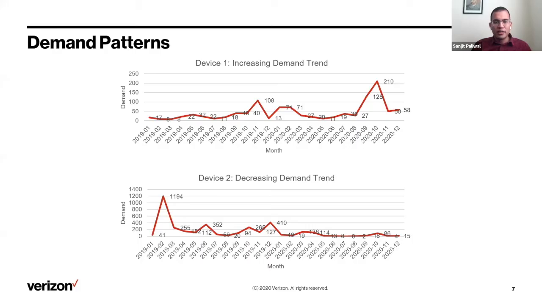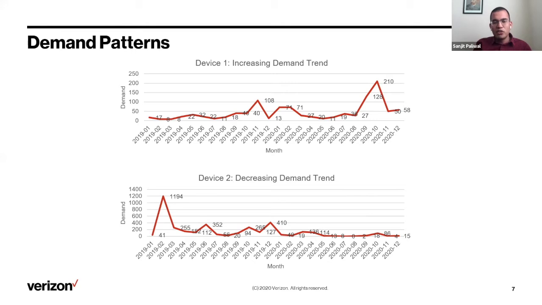Then comes the demand forecast. We first cover the demand patterns. Demand patterns is simply the demand that we see for a given device in our system. What we are trying to showcase is the different demand patterns that we have. The first is an increasing demand trend.